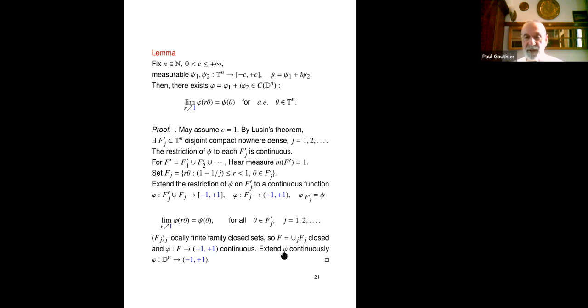So now we have a function continuous on this closed subset of the polydisk, and we extend it continuously to the whole polydisk. Notice an important point here is that we used a refined Tietze extension theorem that says that even though our boundary function may take the value plus and minus C, the extension, we can take the extended function, which takes its values omitting minus C and plus C. So that's how, even though boundary values may be infinite, we get finite valued holomorphic functions when we're all finished.